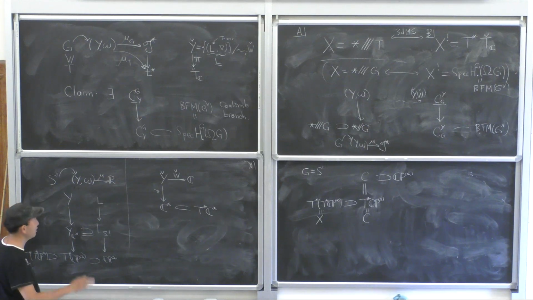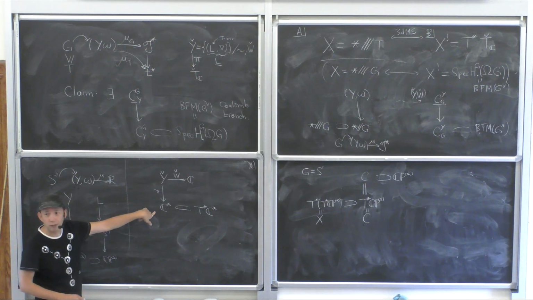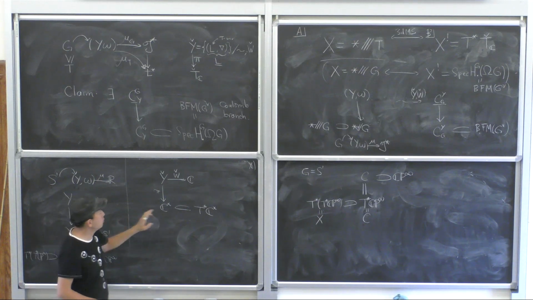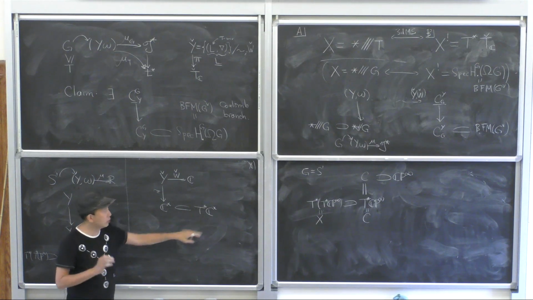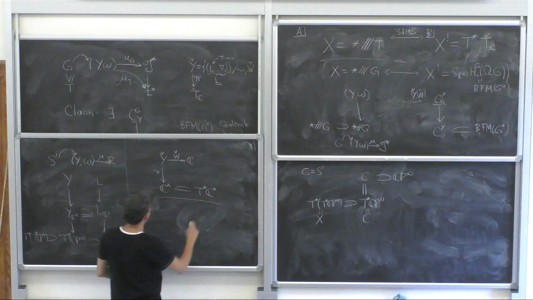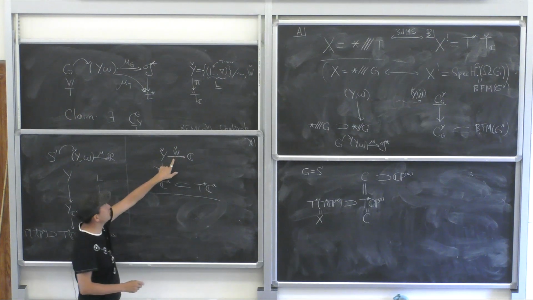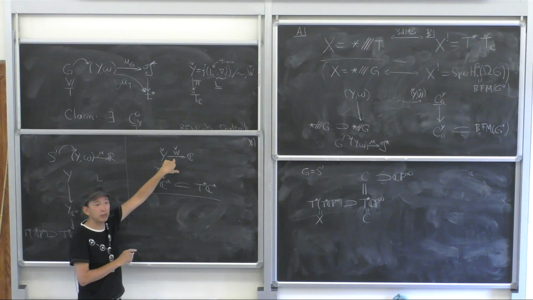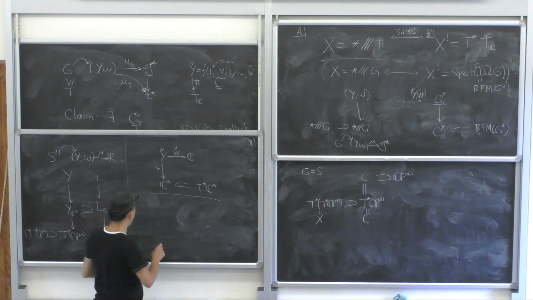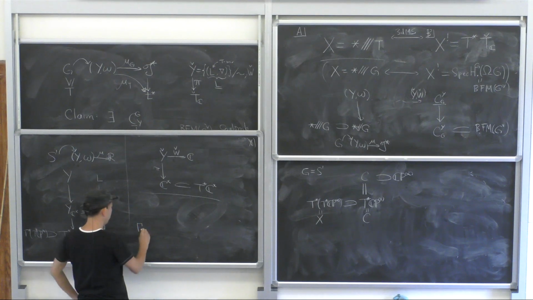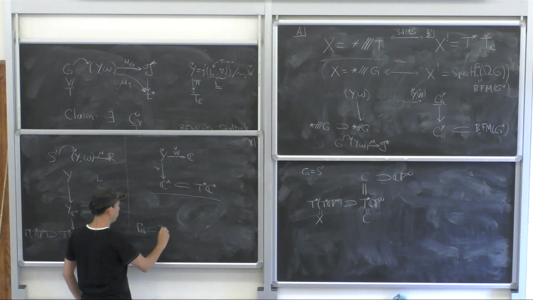All right, so let me continue to tell you what this one is. So you get a map pi to here, okay? Then what you do is you want to get a Lagrangian here. The way to do it is the following. You basically want to still look at the graph of dW, okay? So the graph of dW will be a Lagrangian inside the cotangent bundle of Y check, right?